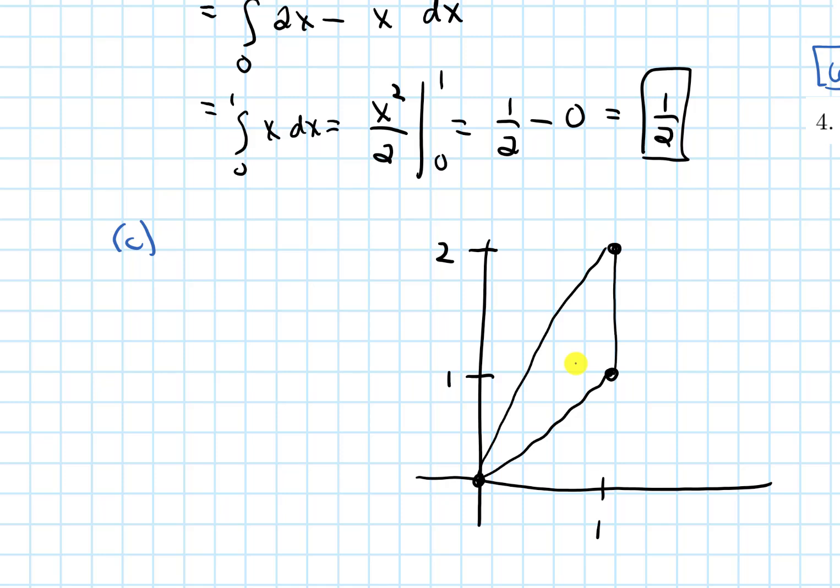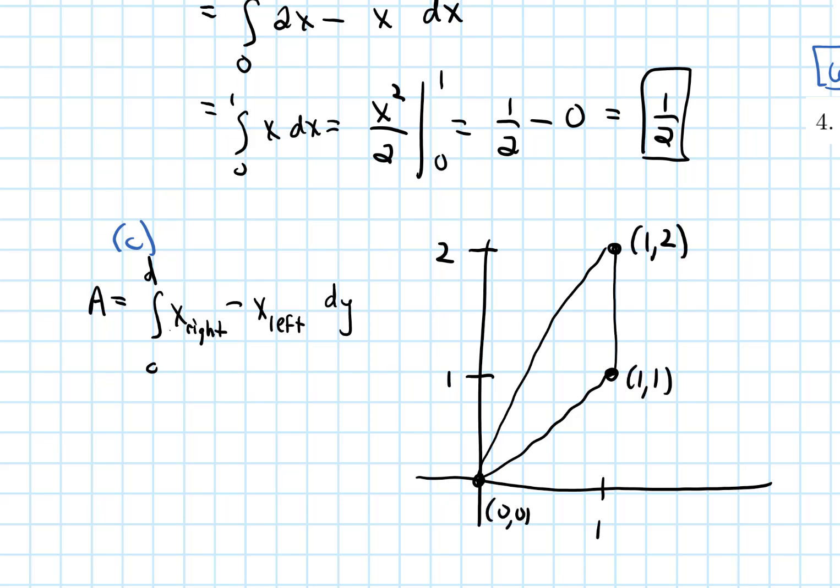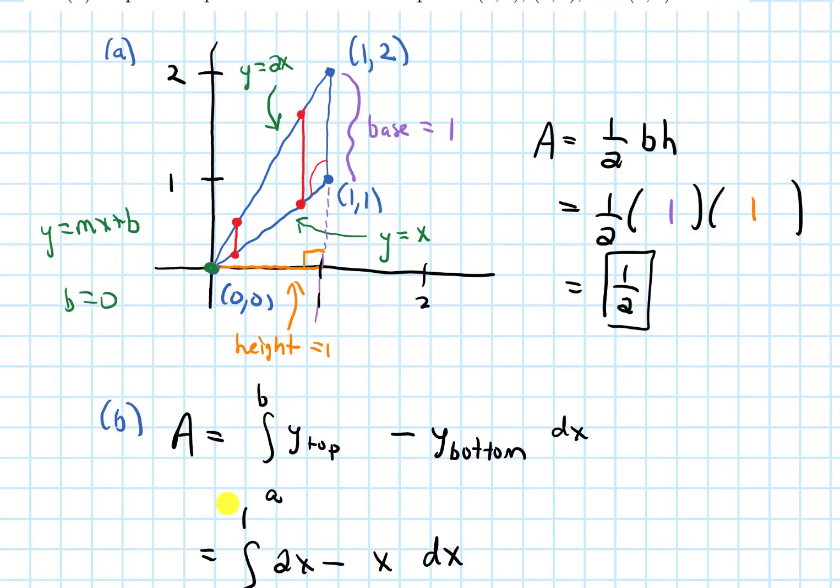Okay, and what I need to do now is recall that my formula as a dy integral goes from c to d, and I need to know x sub right. So I need to know the right function, and I'll have the x isolated in the equation, minus x subscript left. And then this is going to be a dy integral. So for each of these curves, let's get the equation as x equals something.